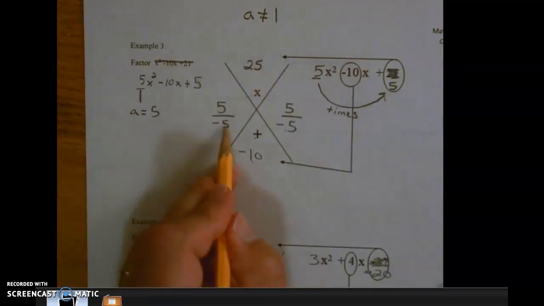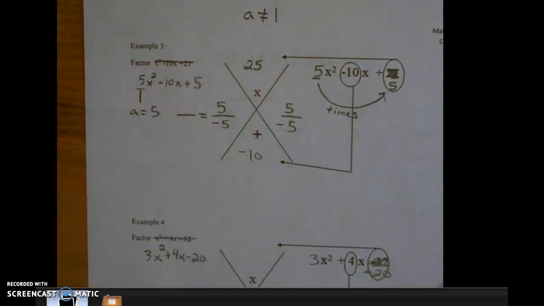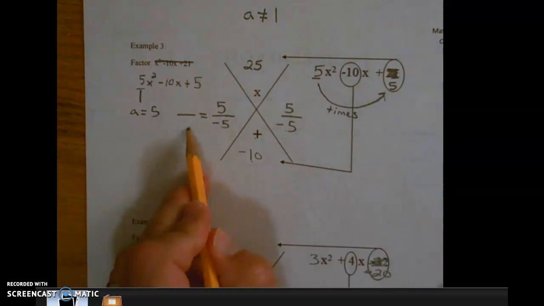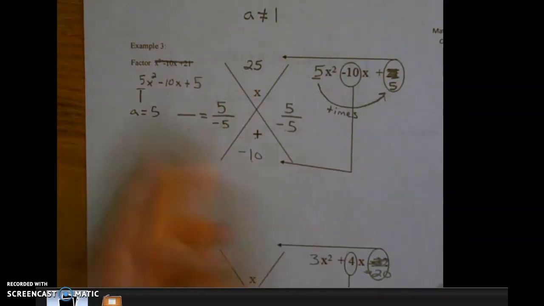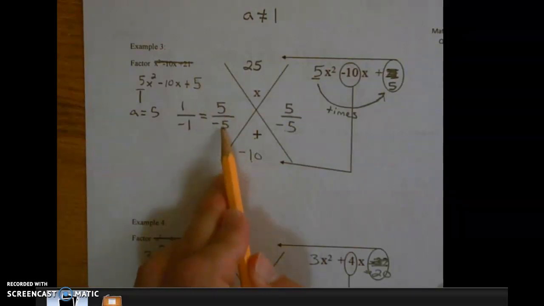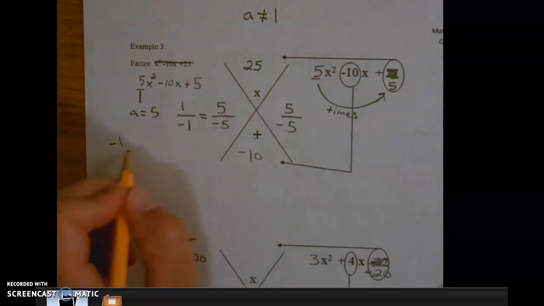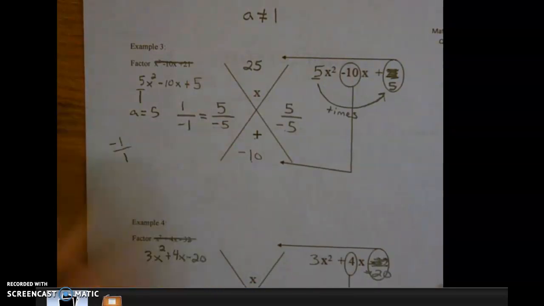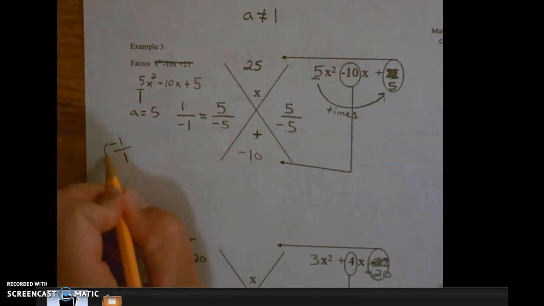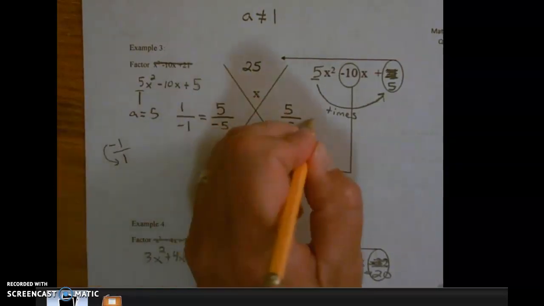And then we're going to reduce. So both of these can be reduced. We always want a fraction when we reduce. So 5 over negative 5 reduces to 1 over negative 1. Notice I kept the negative on the bottom. If you put this in your calculator, it's going to give you negative 1. Okay? And you might have a tendency to do that. So we want to keep that negative on the bottom. Okay? Same thing on this side.